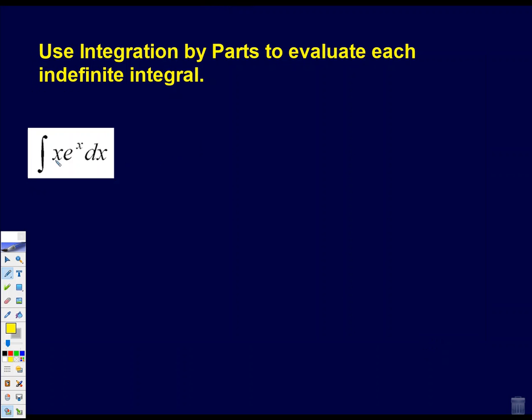Okay, so the first one we're going to try is a product, x e to the x. I'm just going to highlight with my pen the two factors. And I'm going to write the formula down again to remind us how we're trying to see it.